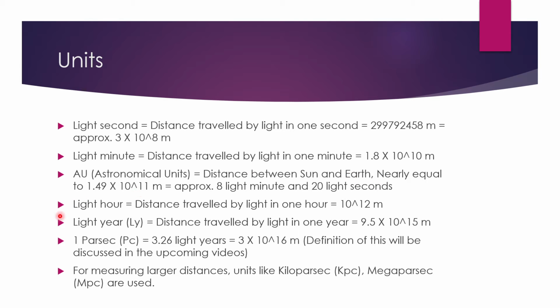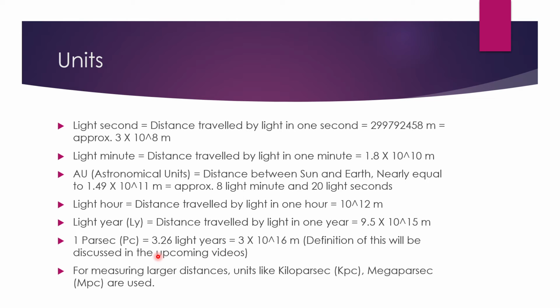Now, 1 light hour is the distance traveled by light in 1 hour, which is approximately equal to 10 power 12 meters. 1 light year is the distance traveled by light in 1 year, which is equal to 9.5 into 10 power 15 meters. The biggest unit of all these is the parsec. The definition of a parsec will be given in the upcoming videos.